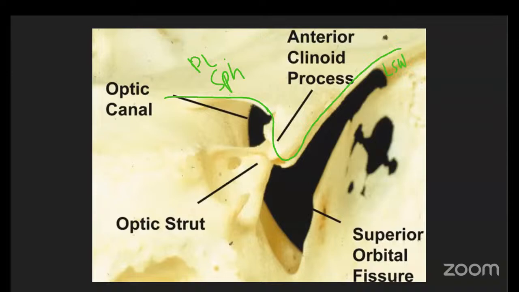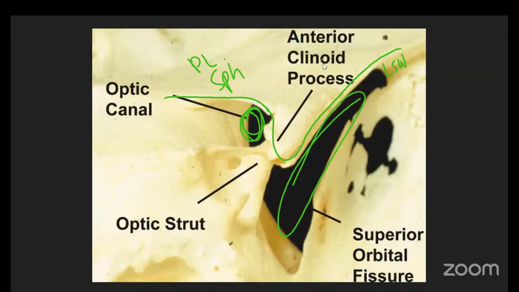Then we have this optic strut. This is the optic canal just under the anterior clinoidal process, and the optic strut is completing this canal, separating it from the superior orbital fissure, which is right here. So anterior clinoidal process, slightly inferior we have the optic strut. On the lateral side we have the superior orbital fissure. Medially and slightly inferiorly we have the optic canal. Am I clear till here?